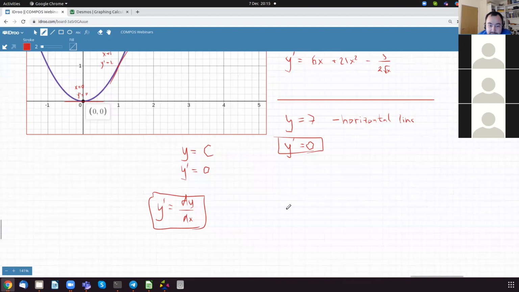The definition is that dy over dx is the limit of delta y over delta x as delta x tends to 0. So delta means quite big and d means infinitely small. So it's an infinitely small increment.